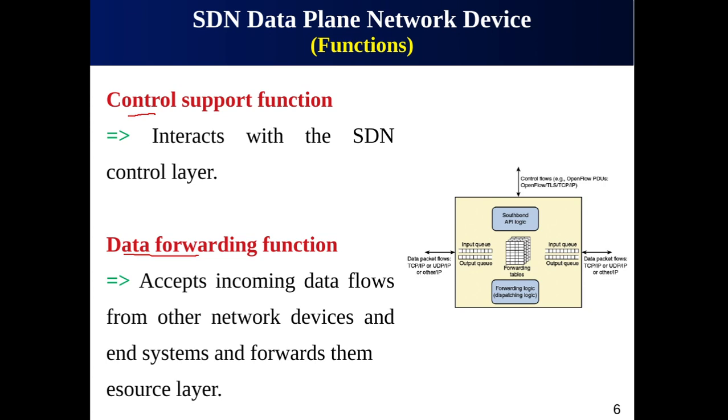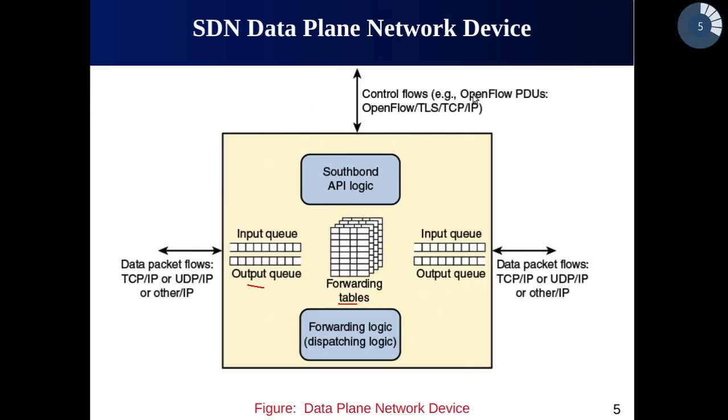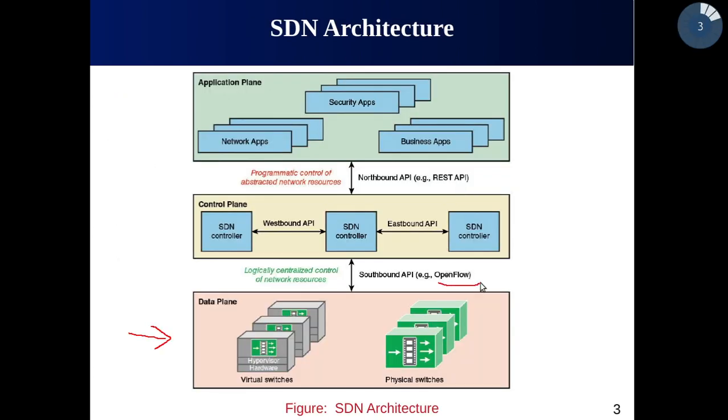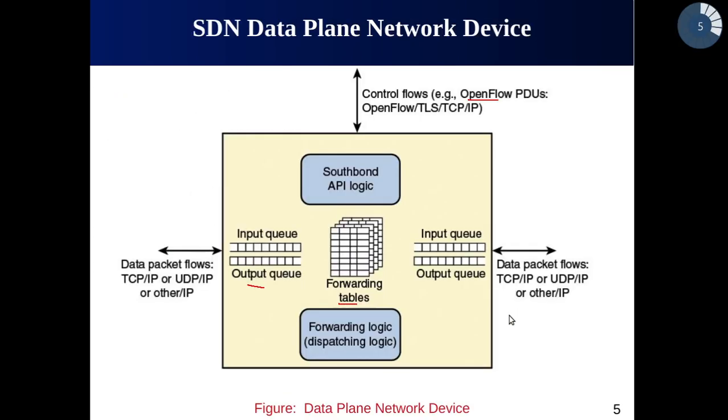This switch will actually communicate with the controller, and the controller will manage this switch with the help of an API. And that API is actually the OpenFlow, and we have already seen in the architecture, if we want the communication between SDN controller and these networking devices, these switches enable, then that is possible with the help of OpenFlow.